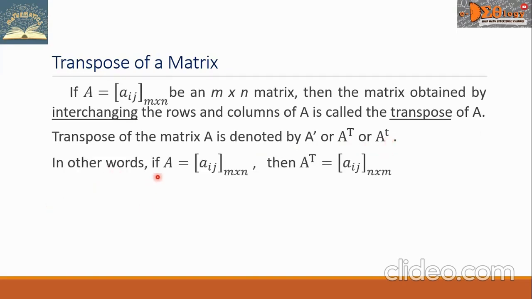In other words, if capital A is the matrix M by N, then A transpose is equal to the matrix N by M.